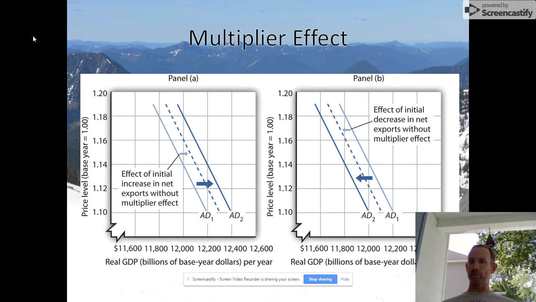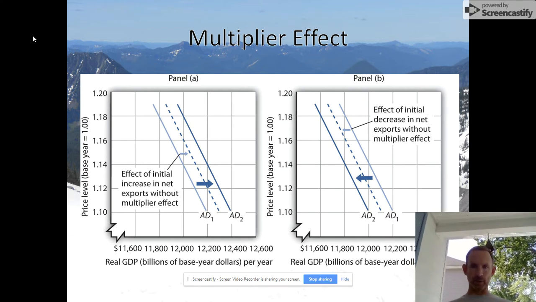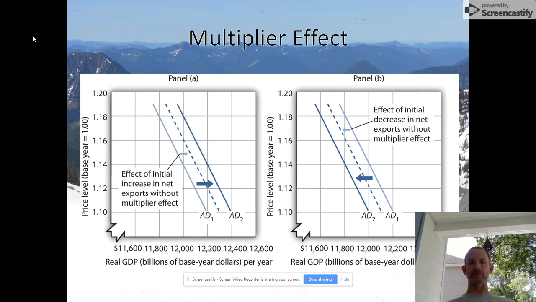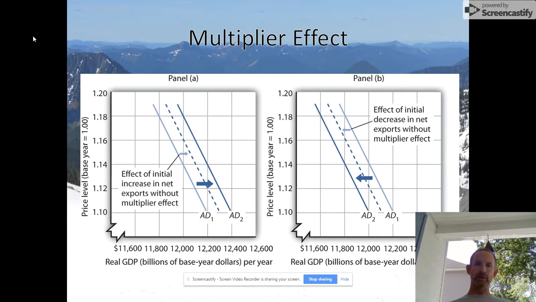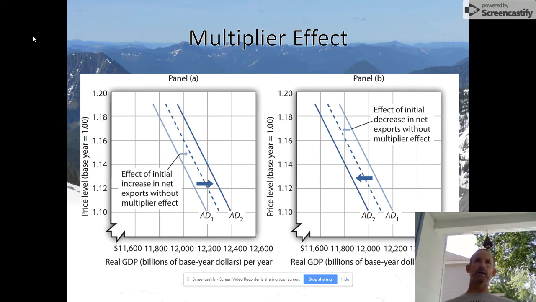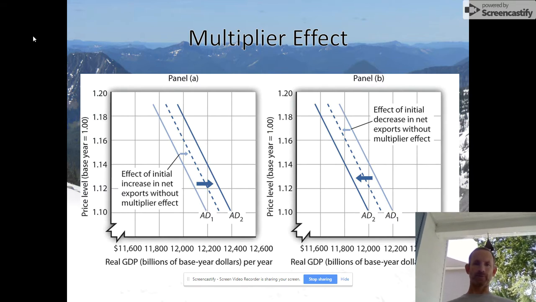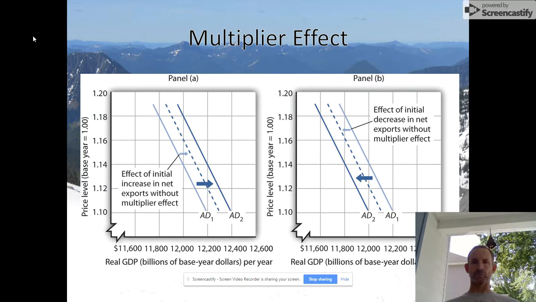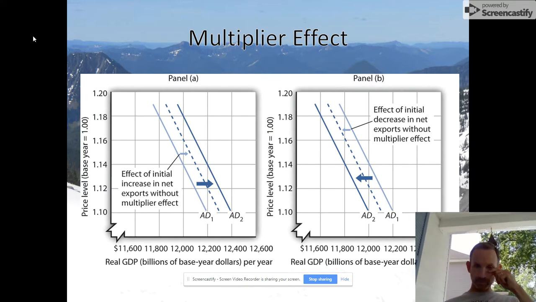Out of that income, they're going to take a portion of it and go spend it as well. And then that becomes income to somebody else. So they'll go out and spend a portion of that as well. So any initial injection of total spending gets multiplied through this effect of being spent and respent over and over again. So that's the multiplier effect.